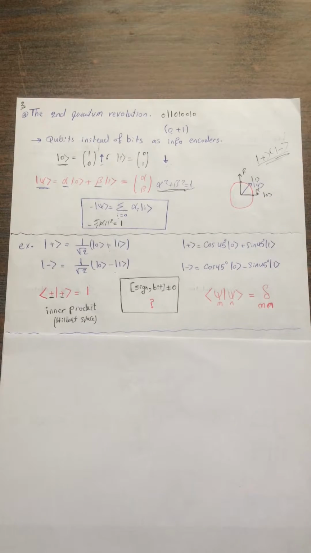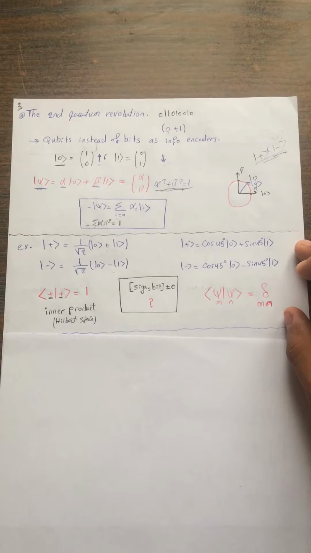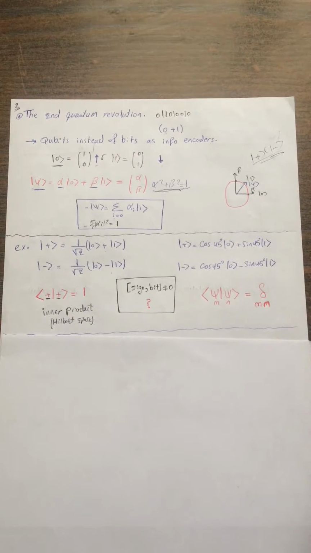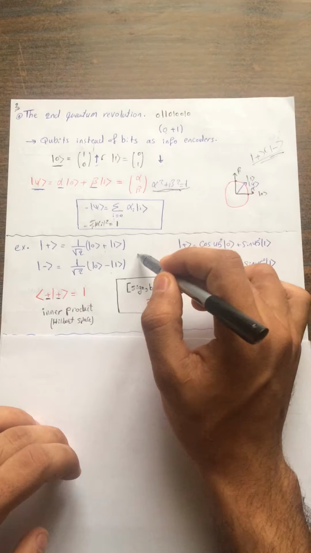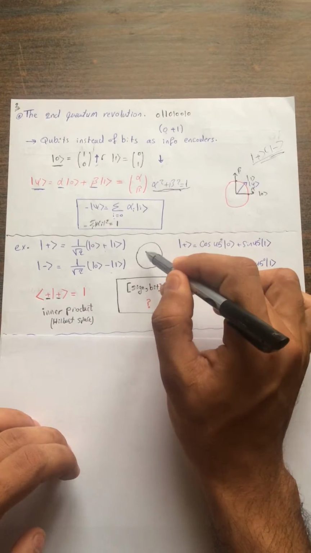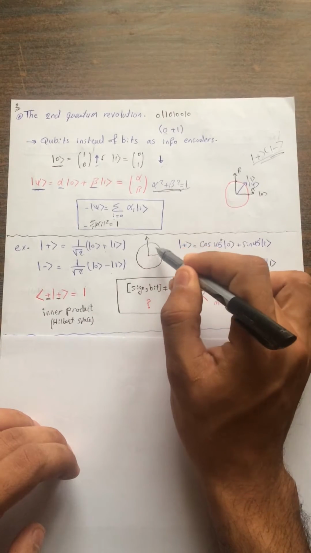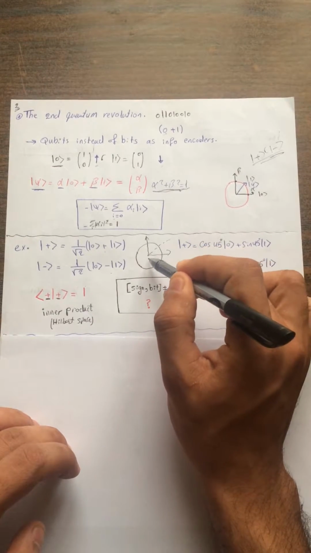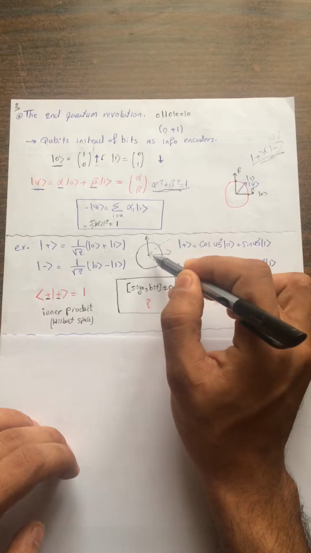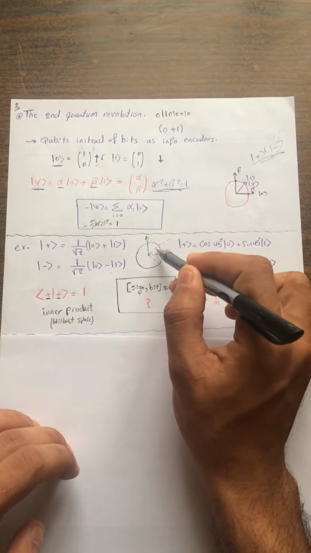If you go to each one's amplitude, you can already square the amplitude and get the probability. So the plus state, if we draw the 0 and the 1, this is the plus state, and here is the minus state, the minus 1, and here's the plus 1, cosine theta.